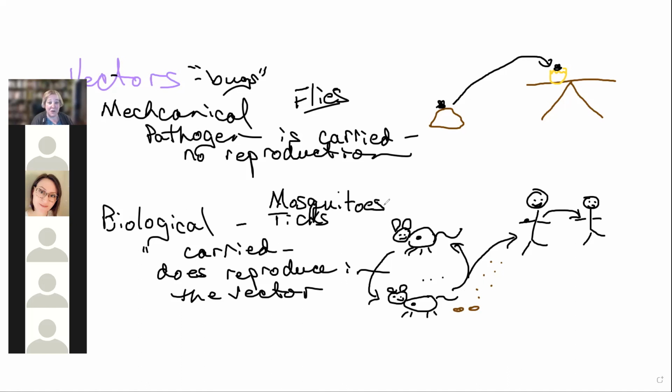Now, with mosquitoes, you can go from human to human. Malaria has a cycle where it goes from person to person. I have a person that has malaria, that makes them smell extra delicious to female mosquitoes that land and drink their blood. It replicates in the body of the mosquito.